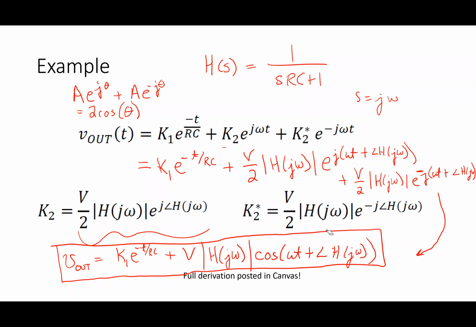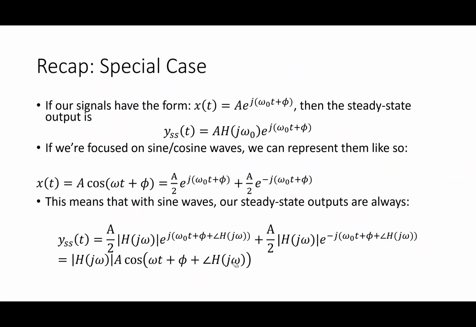What it says is, if I look only at the output, and this is really where we're summarizing, if I'm talking about sine waves, the steady state output is always the amplitude of the input times the magnitude of the transfer function evaluated at the frequency that I'm putting in. And then the angle of the output is the angle of the input plus the angle of the transfer function.